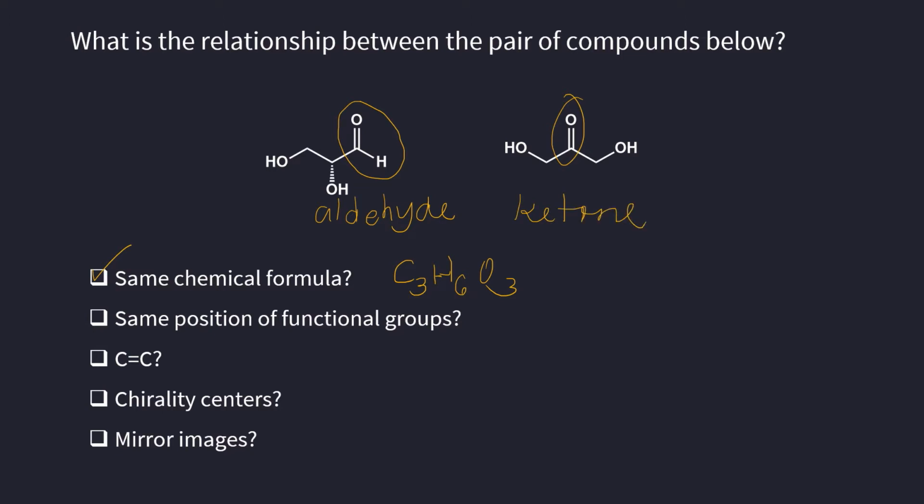So they do not have the same position of functional groups, nor do they have the same exact kinds of functional groups, and therefore they are constitutional isomers. Specifically, they are a type of constitutional isomer known as a functional isomer, because they have different functional groups. One has an aldehyde and one has a ketone.